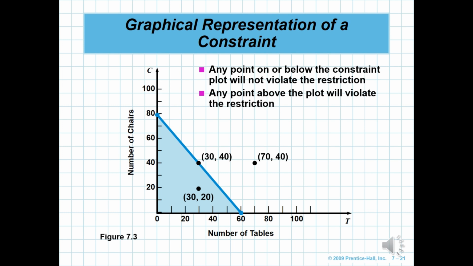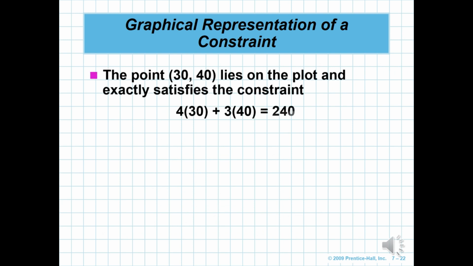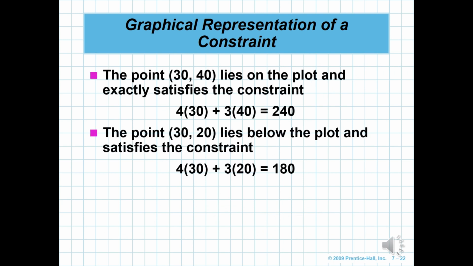If we produce 70 tables and 40 chairs, our carpentry time is above 240. So the solution cannot be accepted, and we say this is an infeasible solution, and this one is a feasible solution.